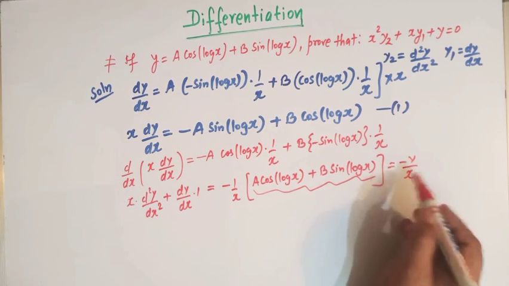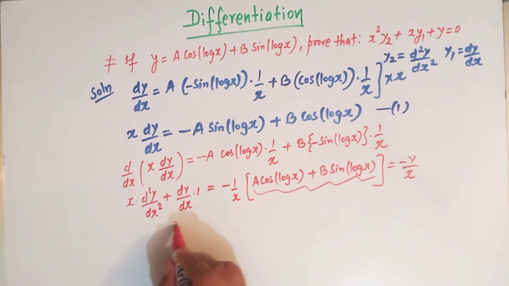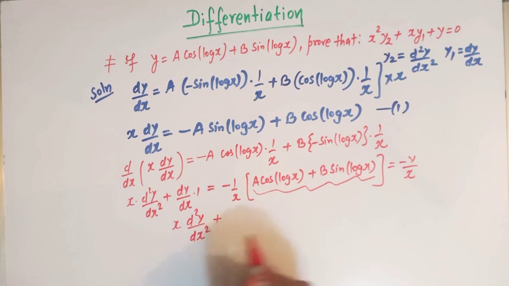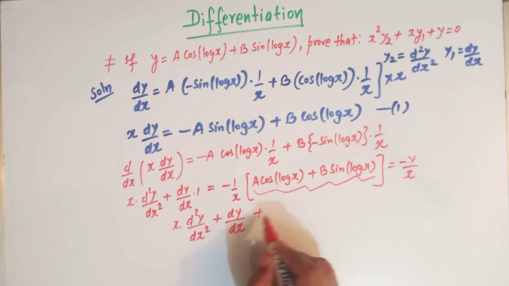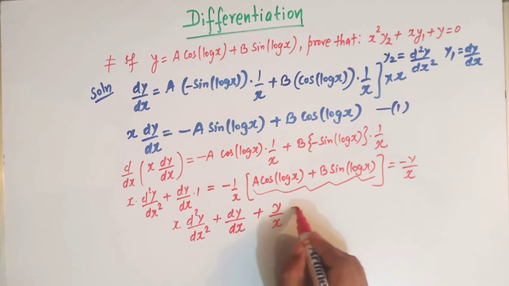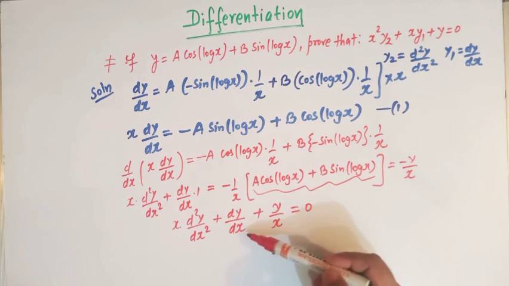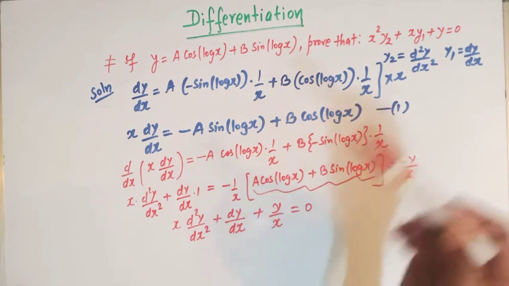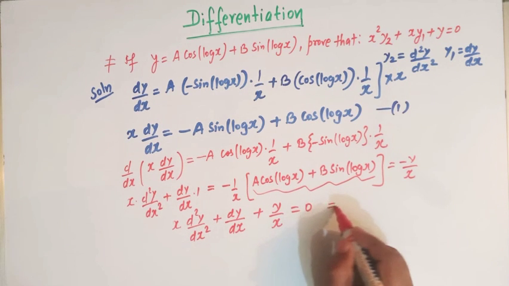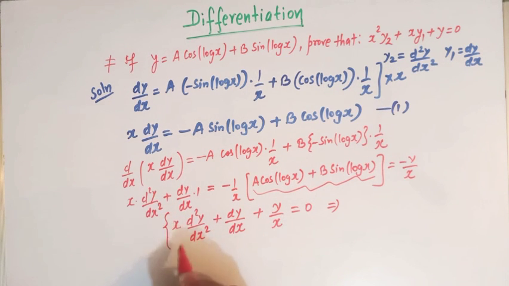Now taking this minus y by x to this side, so we have x times d square y over dx square plus dy over dx, and dy over dx plus y over x equal to 0, right? Now to express this statement in this form, multiply this whole equation by x, right?